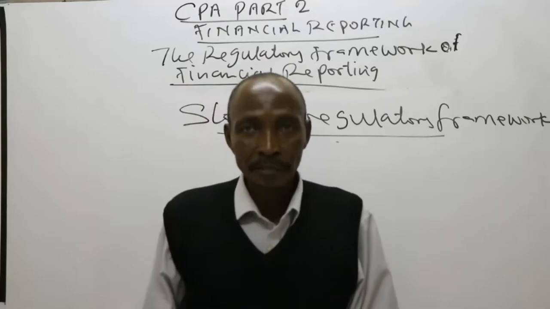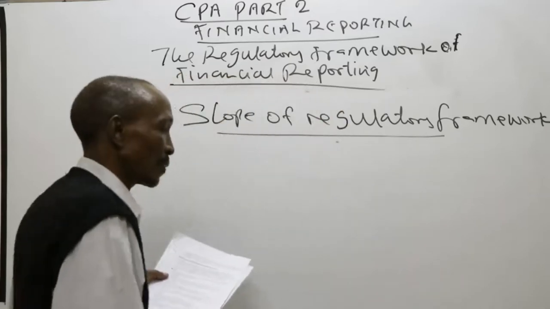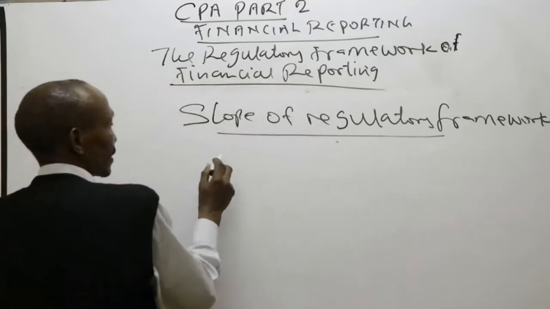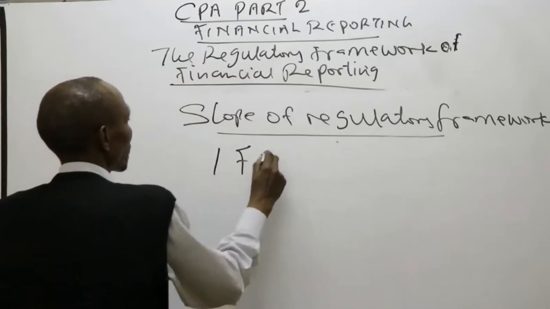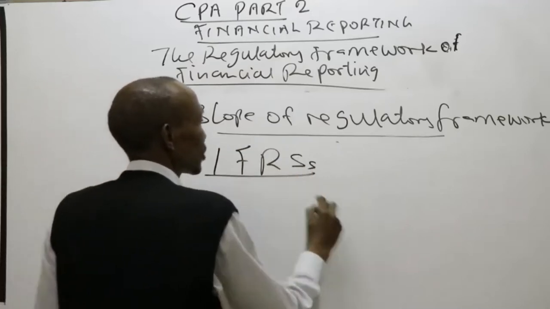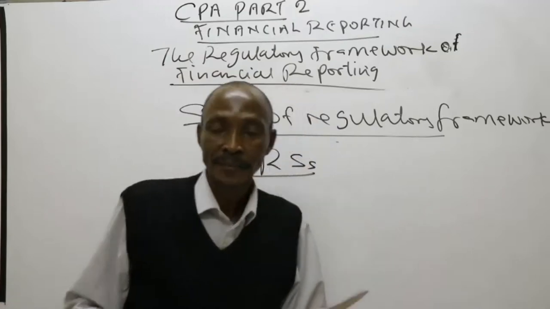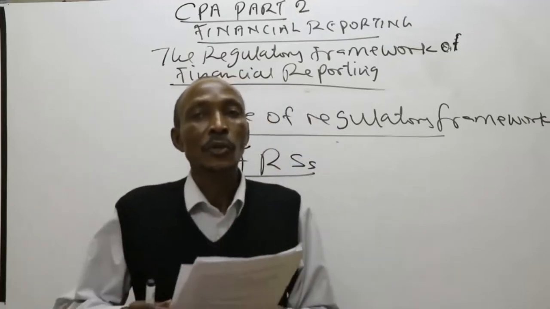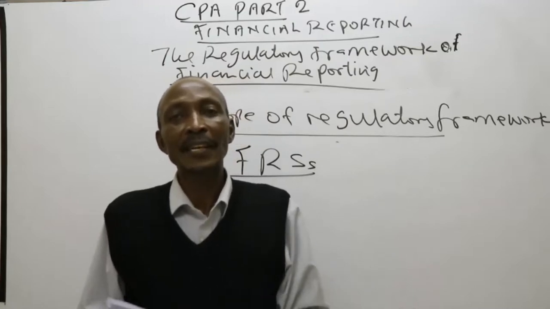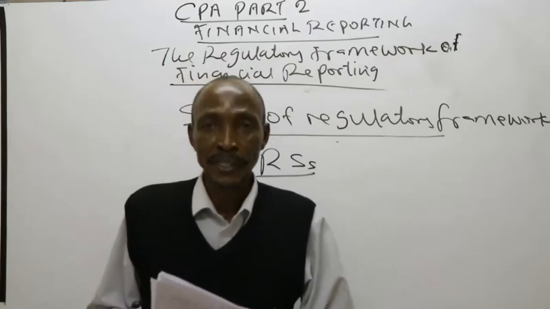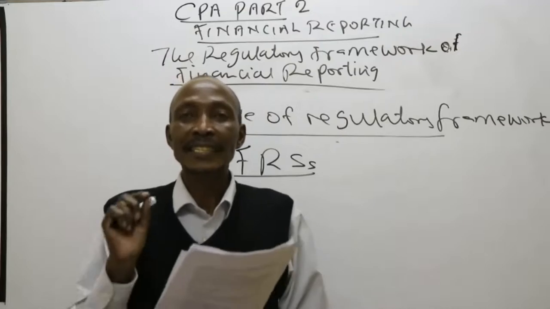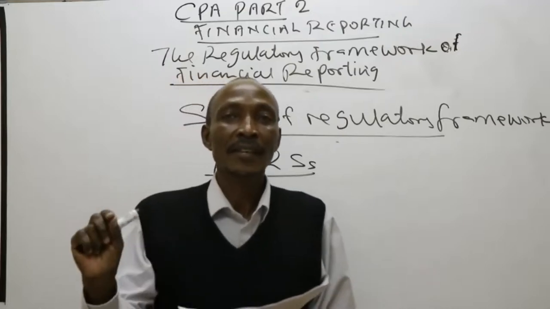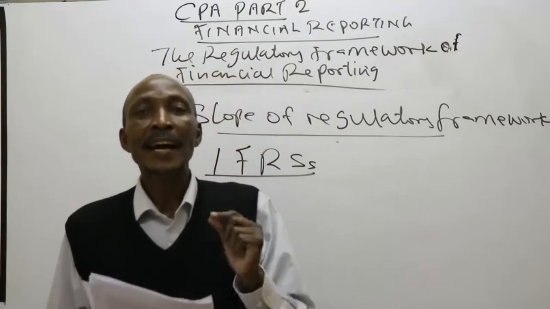Let's very briefly talk about the standards, the International Financial Reporting Standards. First of all, these are rules and guidelines which have been laid down by a professional body, the International Accounting Standards Board, to guide accountants in what?